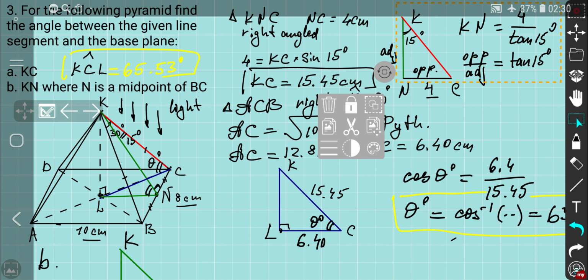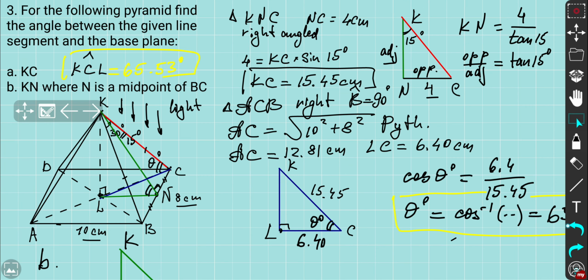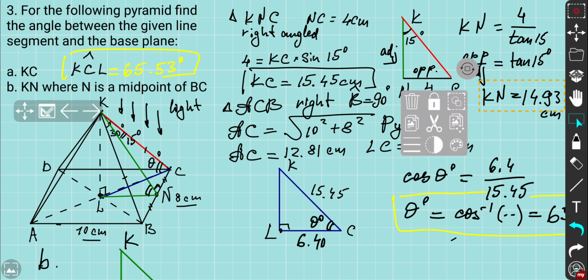Okay, let's do it. KN is 4 over tangent 15. It's going to be 14.93 centimeters. So we've got a value for KN.